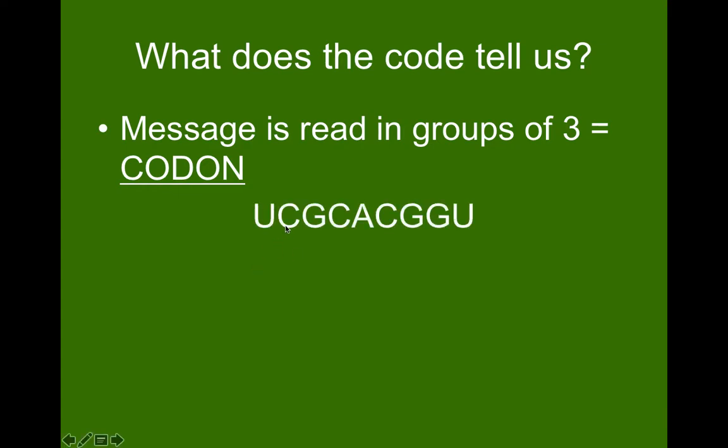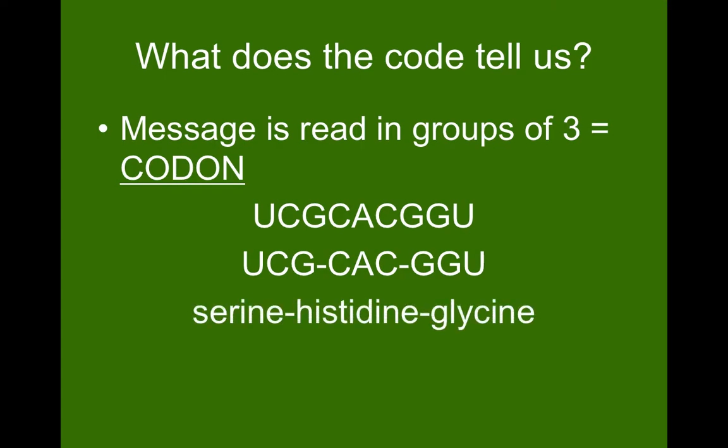So if I have this segment here, UCG, CAC, GGU, we actually break it up into 3 three-letter words, UCG, CAC, GGU. And when I go through the process, those are going to turn into amino acids, in this case, serine, histidine, and glycine. And I'll show you how we are actually able to do that in a minute.